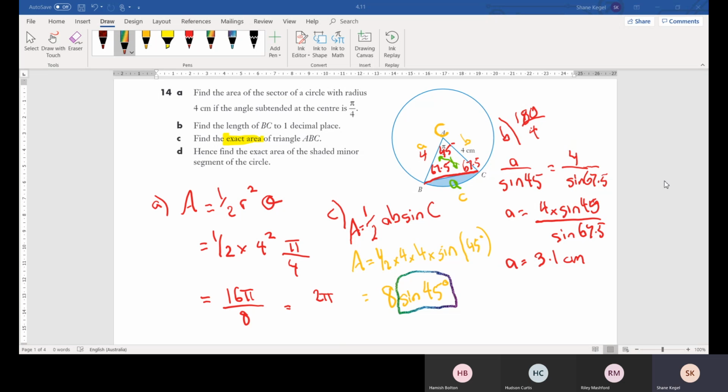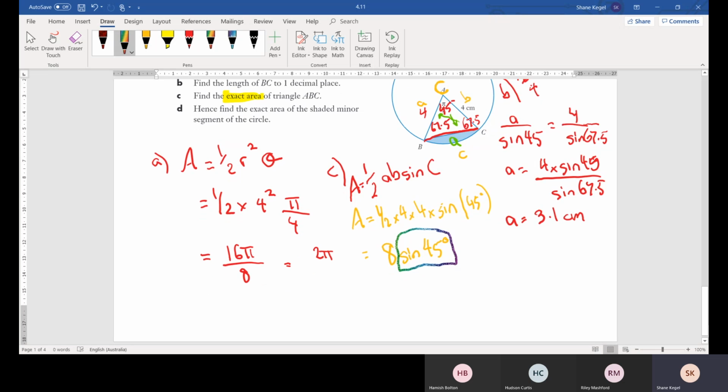Okay, so sine is O over H. So we're looking at 1 on root 2. So I can substitute 1 on root 2 into this to find exact value. So let's use the other color. So 8 times, and sine 45 is the same as 1 on root 2.